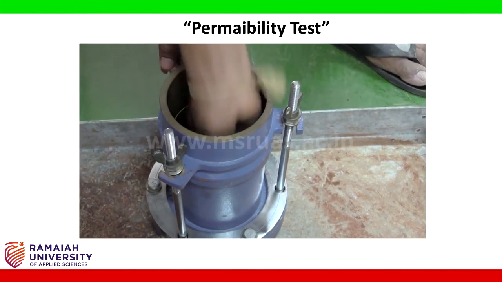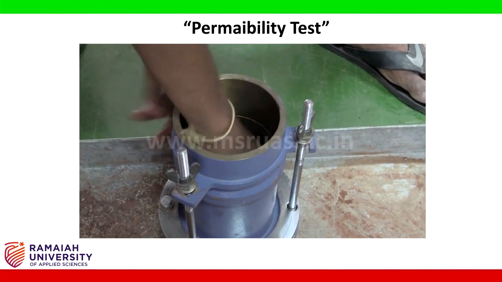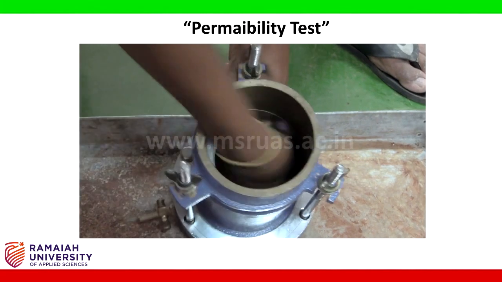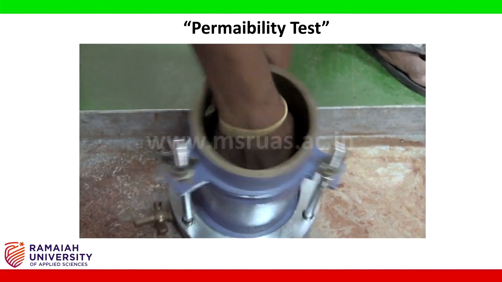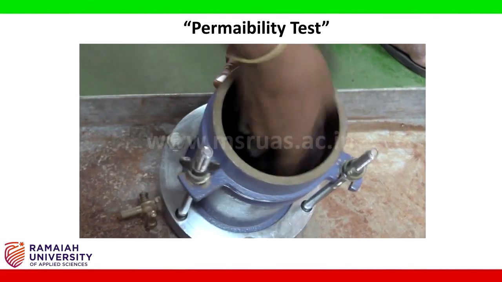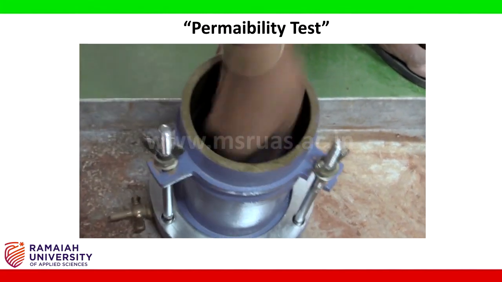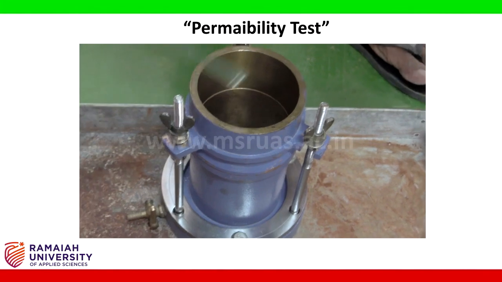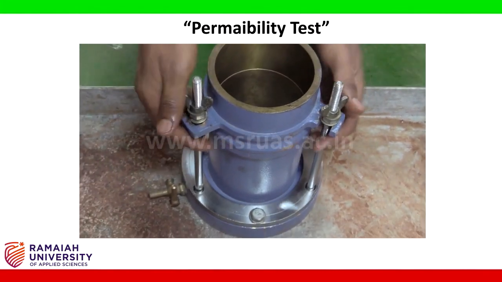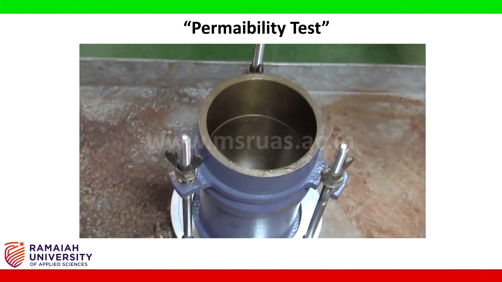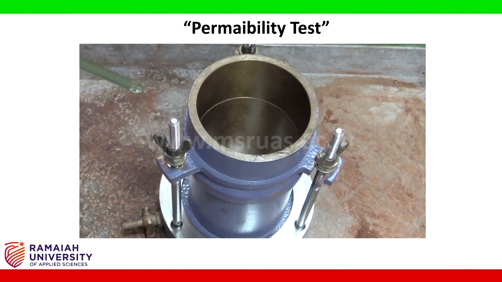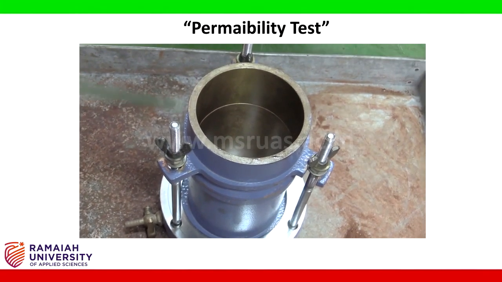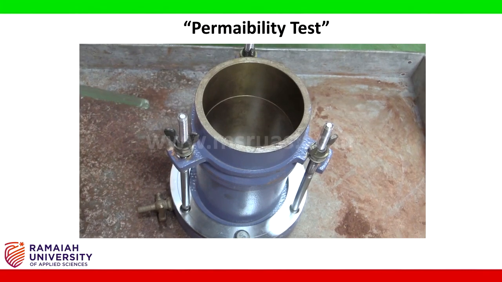Take a waste cloth and smear evenly the oil throughout the mold from inside. This process of preparation of the mold for compaction will remain the same for both constant head permeability test as well as the variable head permeability test.